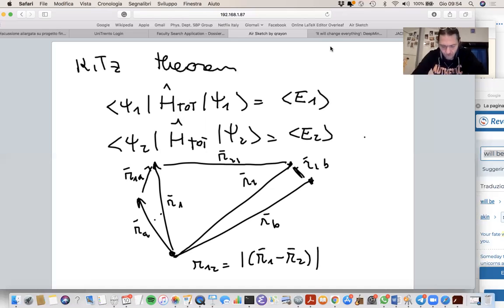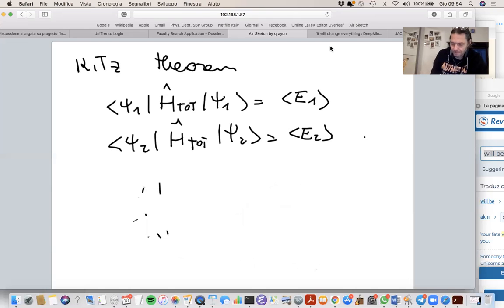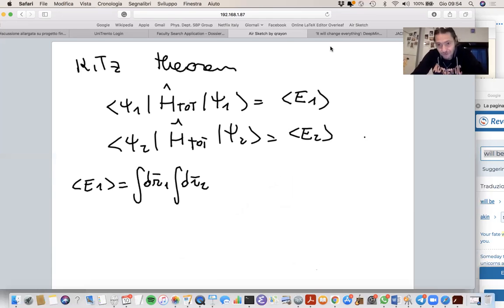And you can do that for all the distances in this integral. And therefore, let's see how E1 looks. E1 looks like the integral over the first electron, integral over the second electron, because the wave function depends on two positions. And then I would take the symmetric combination. I don't remember whether psi1 was the symmetric or the antisymmetric.